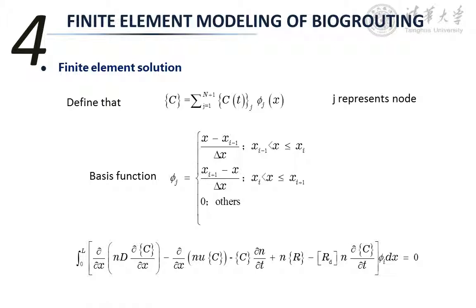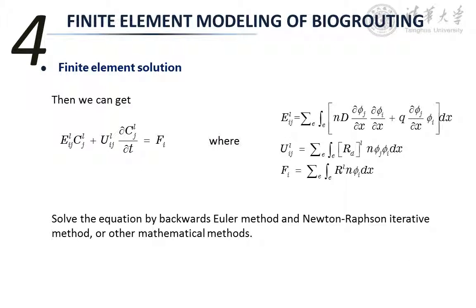Then we can get the following equation. And by further computation, the equation can be finally transformed to the form as following. And then we can solve the equation by backward Euler method and Newton-Raphson iterative method or any other mathematical method.